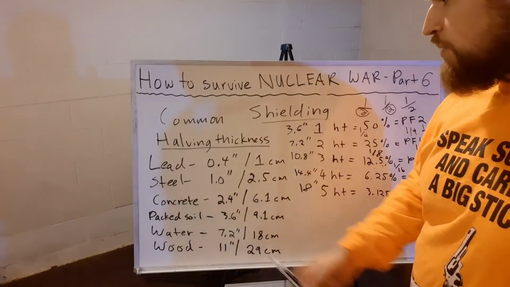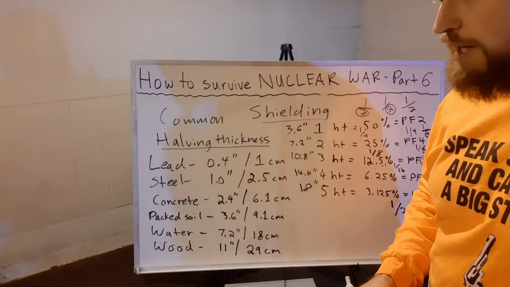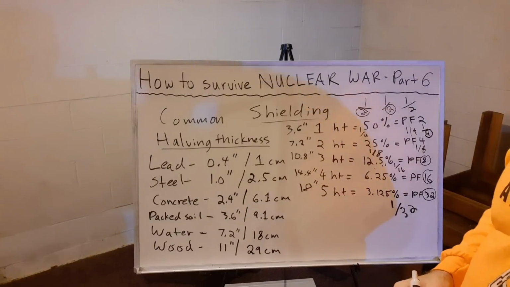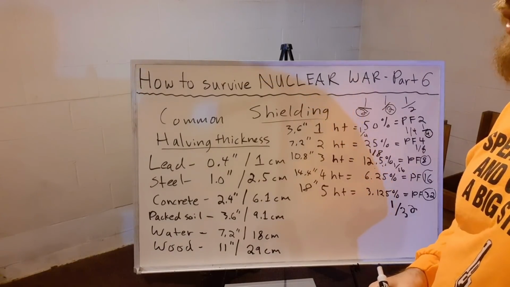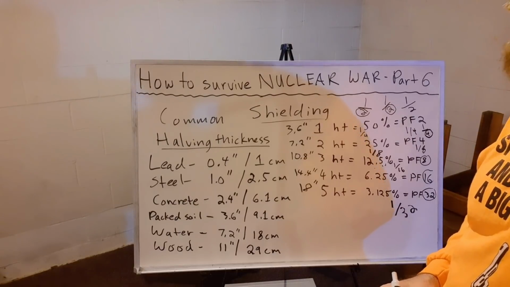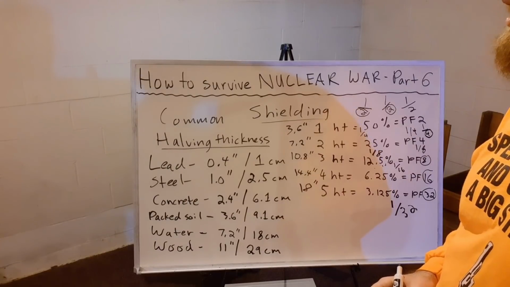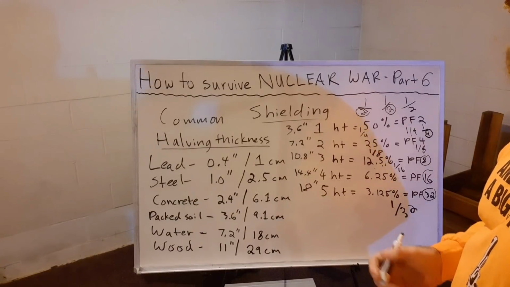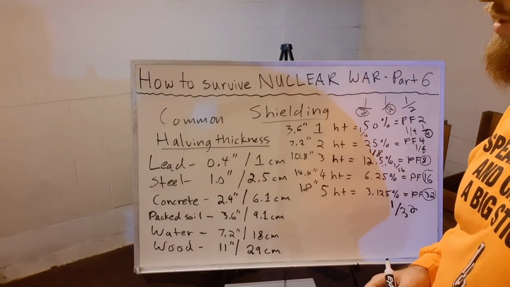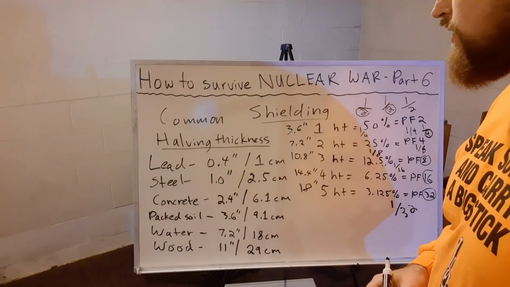Unless you decide to build a fallout shelter in your basement, which I highly recommend these days, you can actually go and get fallout shelter plans from the old civil defense from the 1950s. They actually used to put out video instructions and detailed plans of how to build fallout shelters in your basement using concrete blocks.